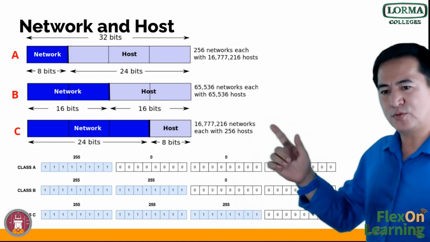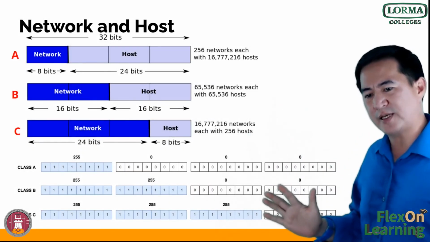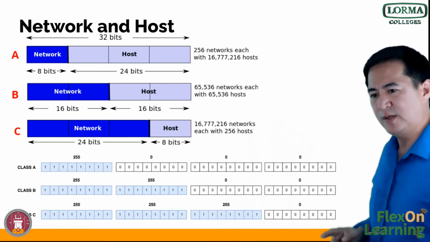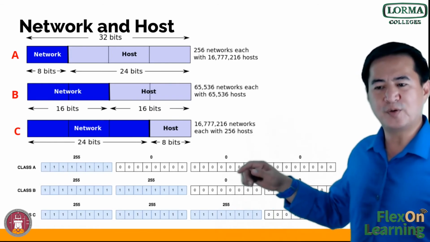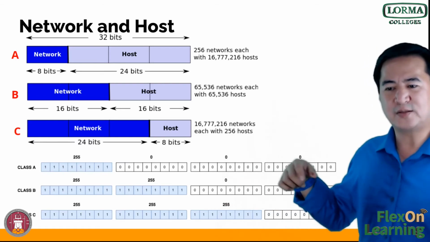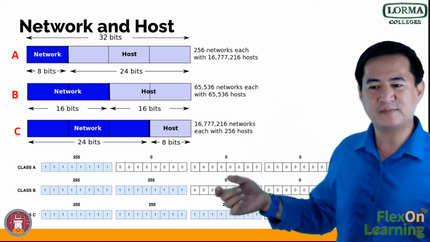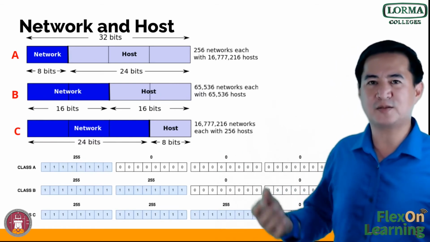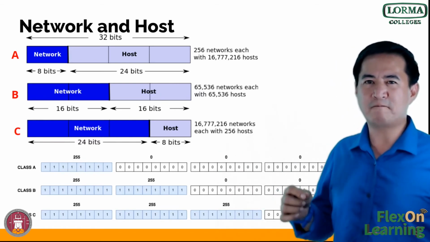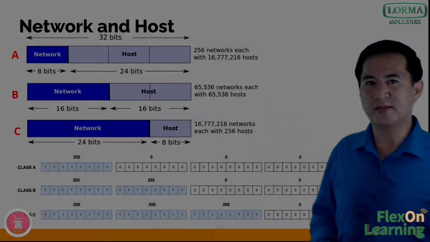Now, to arrive at those numbers, you just have to take a look at the figure below. In a class A, you have 32 bits. If you add all the ones, that will give you 255. That's 0 to 255, so that makes it 256 networks all in all.